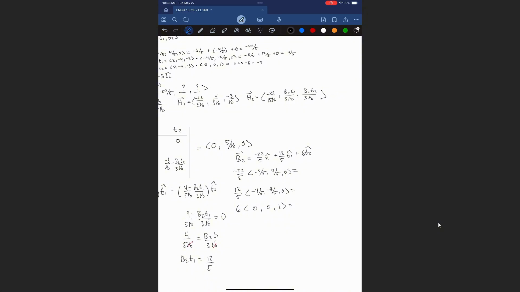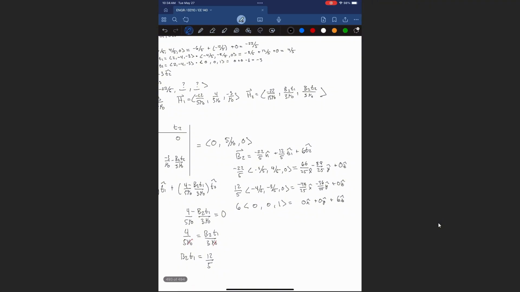With this, we get positive 66 over 25 x hat, negative 88 over 25 y hat, plus 0 z hat, and then minus 48 over 25 x hat, minus 36 over 25 y hat, plus 0 z hat, and then for the last one we get 0 x hat, 0 y hat, plus 6 z hat.